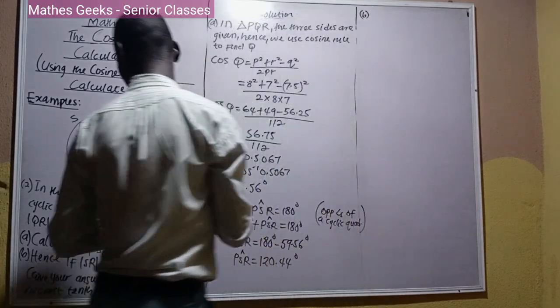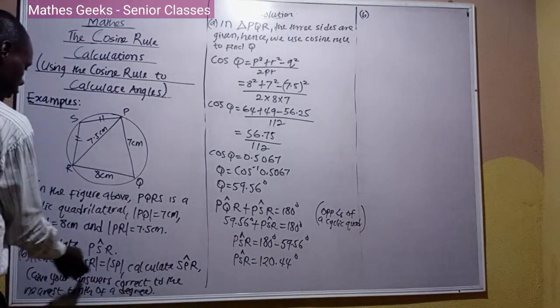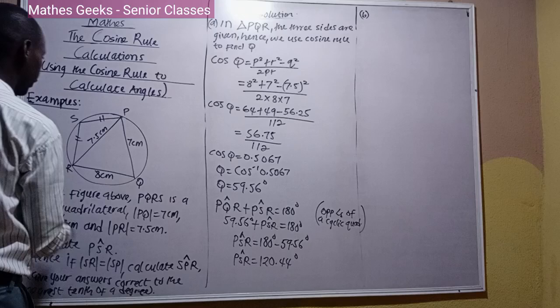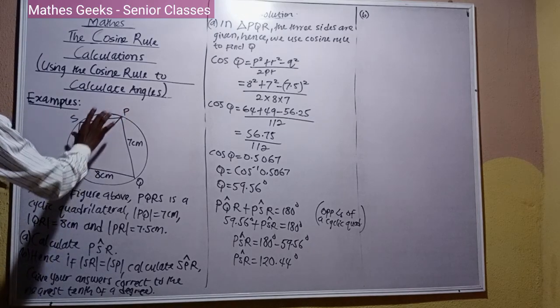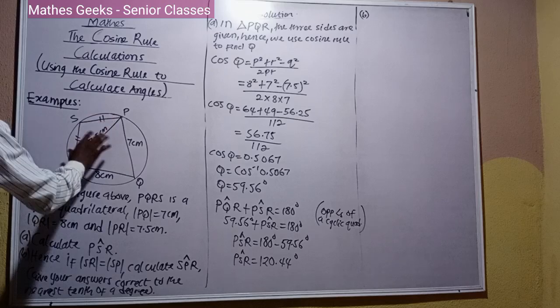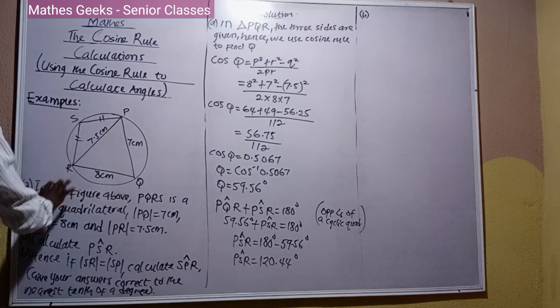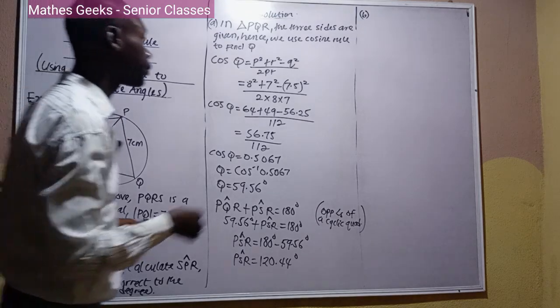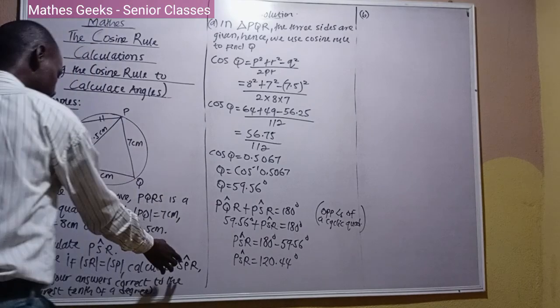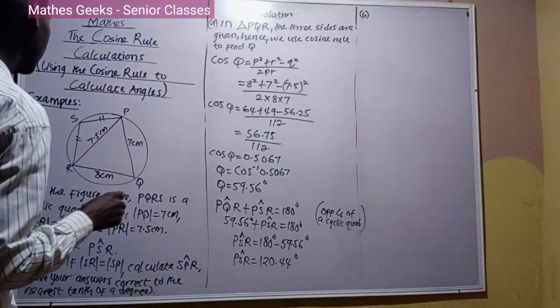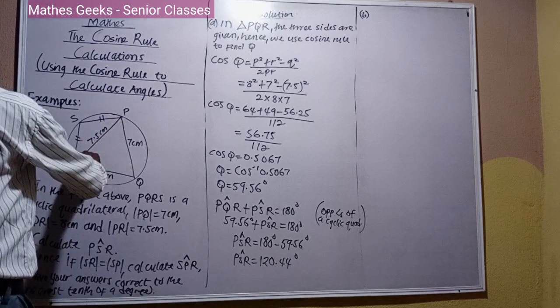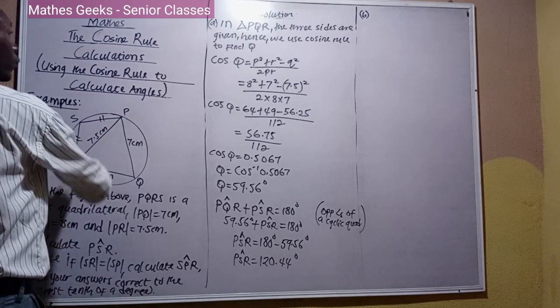Then B says, if line SR is equal to line SP, if we look at SR equals SP, these two sides are equal. This tells you that triangle PSR is an isosceles triangle. So calculate angle SPR. One of the properties of an isosceles triangle is that the base angles are equal, as much as the two sides are equal.